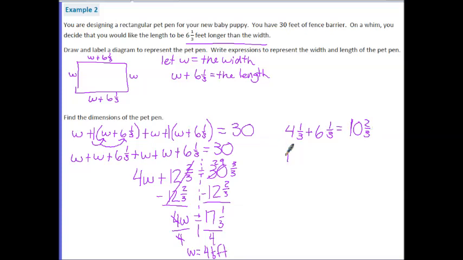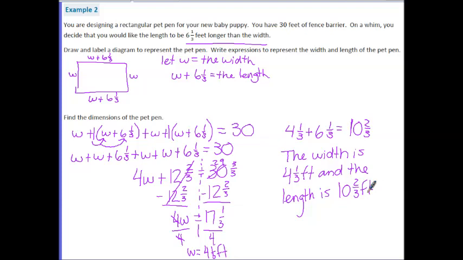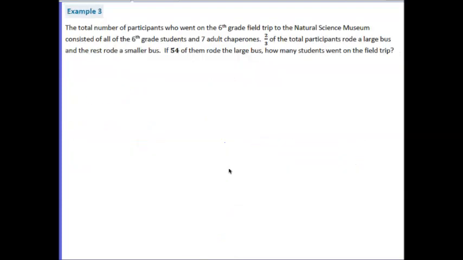Let's give a worded answer. The width is 4 1/3 foot, and the length is 10 2/3 foot.